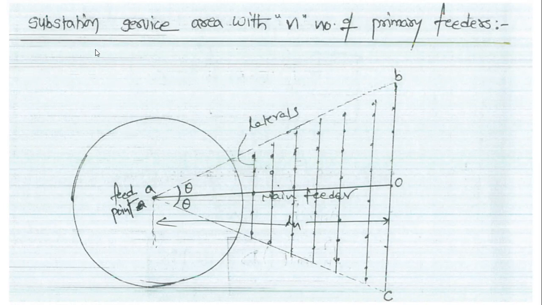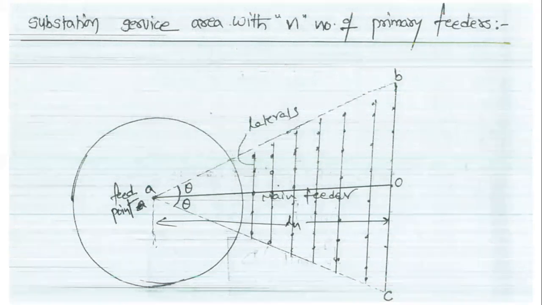We take the substation distribution area with n number of feeders. That area is served by the n number of feeders. Same as in the previous class, we take a small area, that is the triangle ABC.